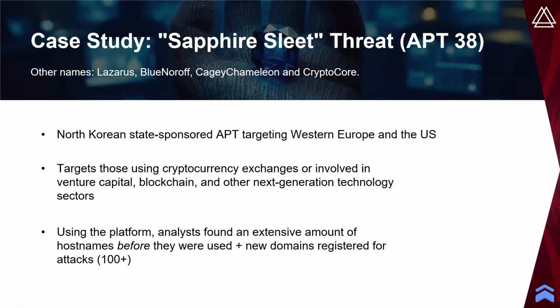This infrastructure flexibility is what allows them to rapidly adapt and scale their operations while remaining under the radar. So at Silent Push, we've been able to uncover Sapphire Sleet's infrastructure by identifying patterns in their domain registrations, their hosting environments, and their DNS configurations.